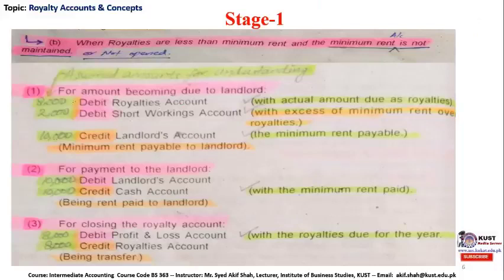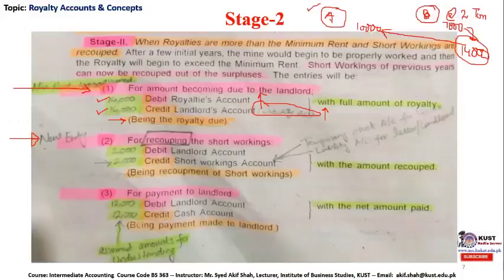Here we can see that the company has paid in the previous example 2,000 of short working, which was in excess of the minimum or dead rent, which needs to be recouped at this stage, number 2, because the royalty in this case is quite a bit greater than the minimum rent. So we have to recoup the previously paid short working to the landlord.